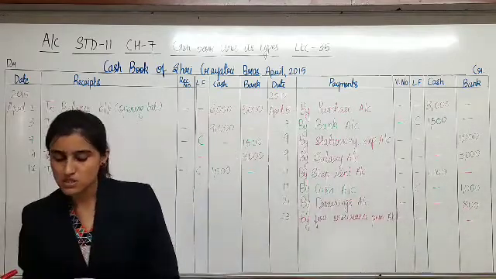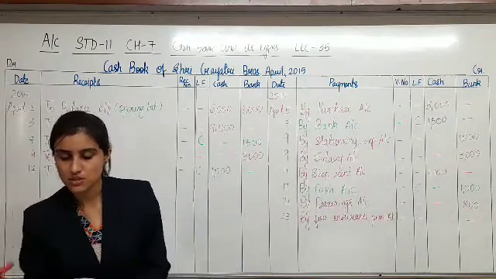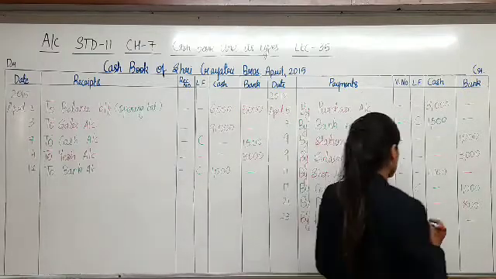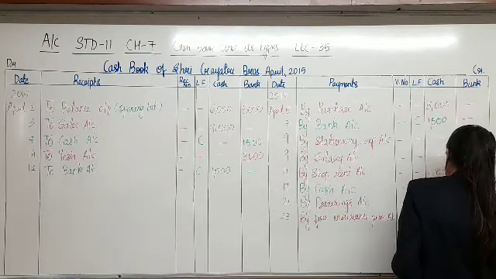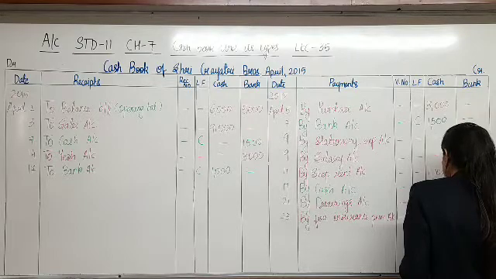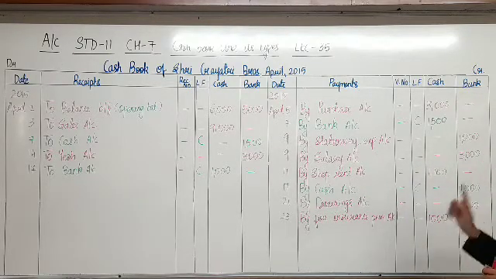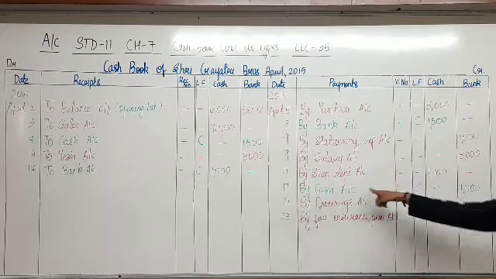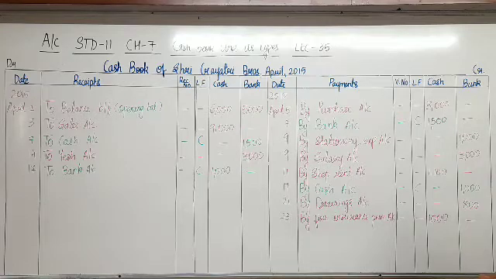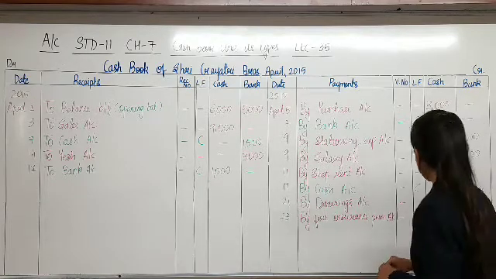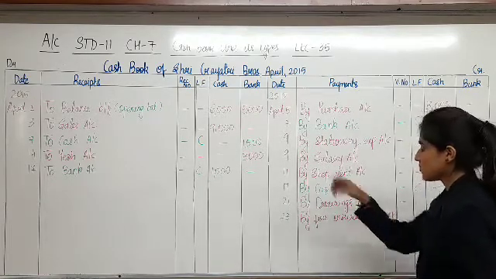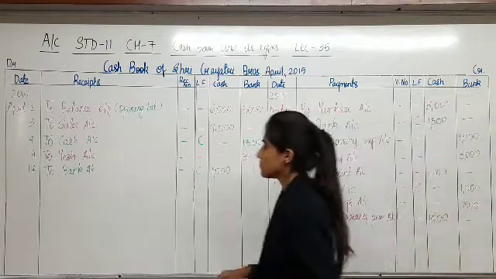The amount is in the transaction 17th of April, 1000 rupees. 17th को आपने बैंक से पैसे विड्रॉ किए थे फायर इंश्योरेंस प्रीमियम पे करने के लिए 1000. You can see the posting with the green ink. Yeah, but you did not pay. That you have paid on 23rd of April.